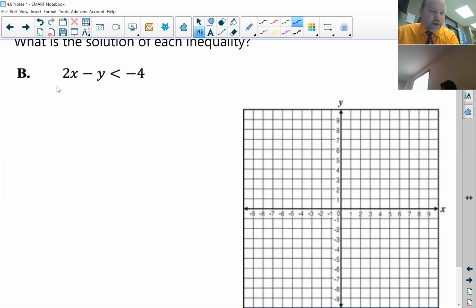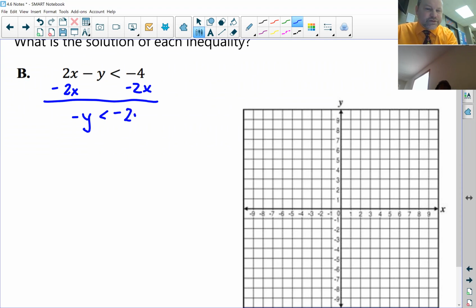So to get the y by itself, subtract 2x from both sides. The negative stays with the y. Negative 4 minus 2x, we can't combine those because they don't both have x's. We'll talk about that as well later.